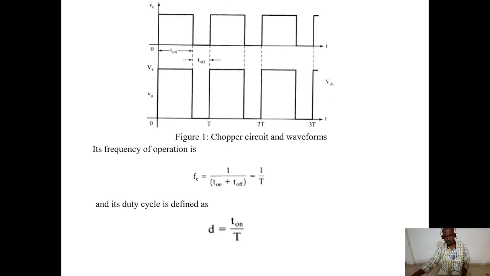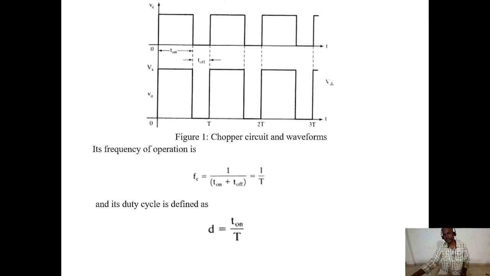As we know, the formula for frequency is the reciprocal of time period. Fc is 1 by T, and the time period T is the combination of on period and off period. So the controlling frequency Fc is 1 by (T on plus T off), that is 1 by T. Based on these relations, we can now define the duty cycle.